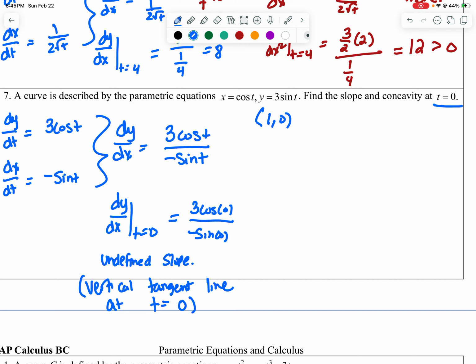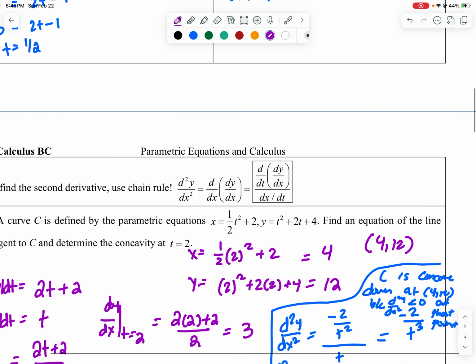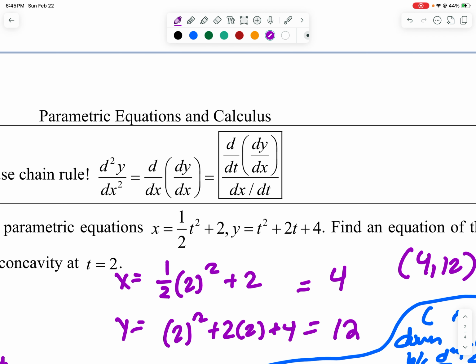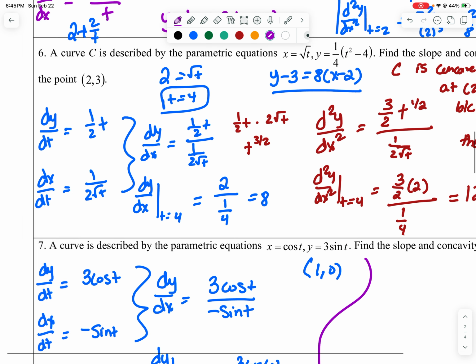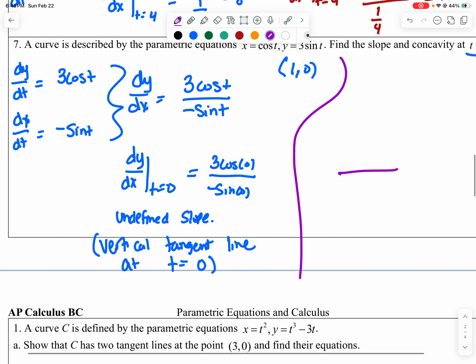All right. So then what we're going to do here is take the derivative of this to figure out the concavity. Now, if you really think about this, notice how whenever we do our second derivative, that dx dt is going to be the same. So we have some derivative here, the derivative of the derivative, but then we still have negative sine of t.